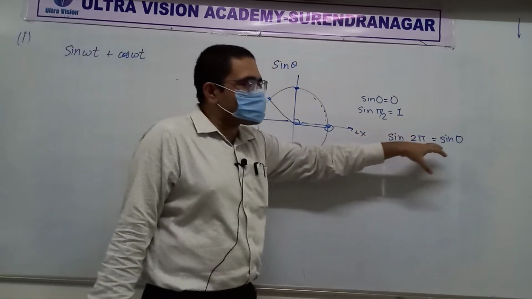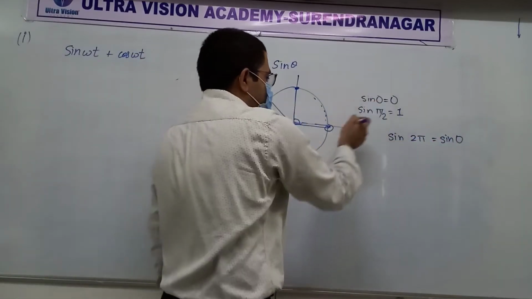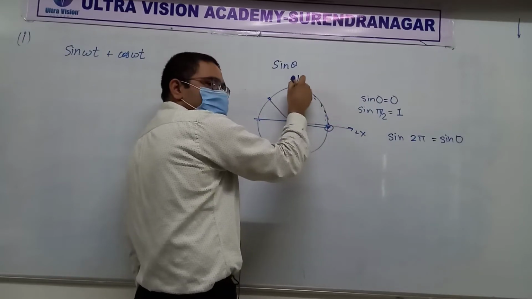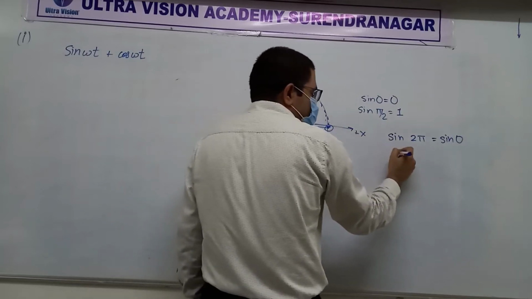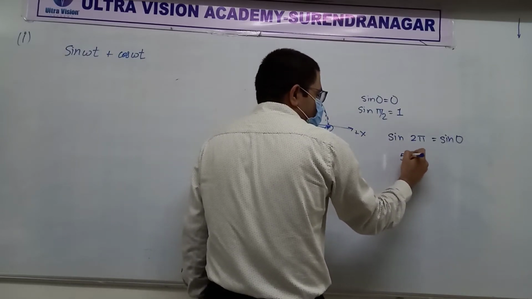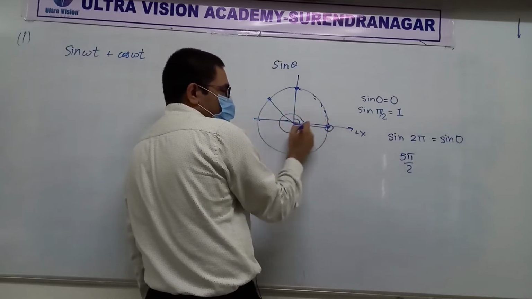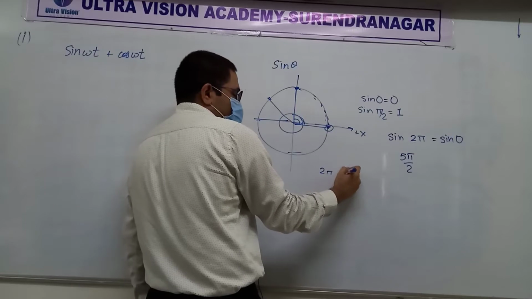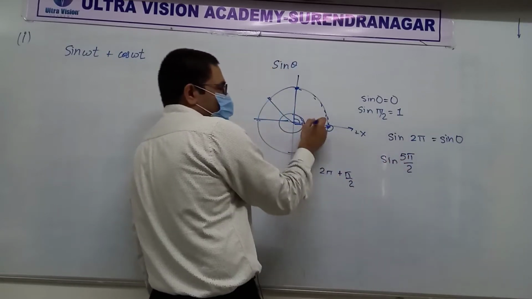So this is not the only case where the value is repeated. For example, if you go beyond 360 degrees, let's say go to here, that is 360 plus 90 degrees. So once again, that would be 5 pi by 2. How 5 pi by 2? Well, one circle is 2 pi, and then plus 90 degrees, that is pi by 2. So that would be sine 5 pi by 2.